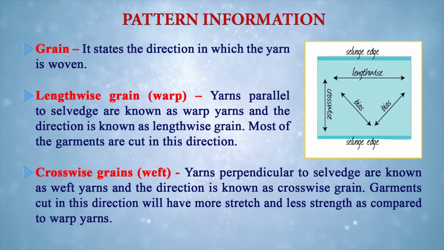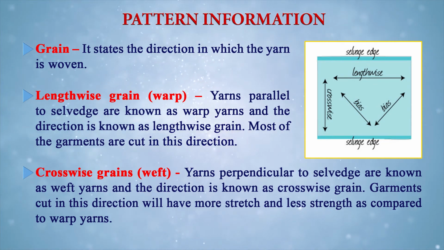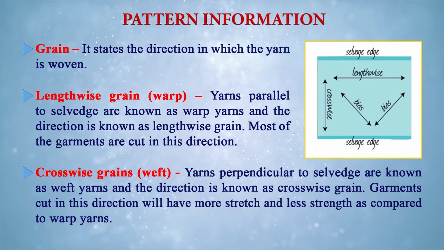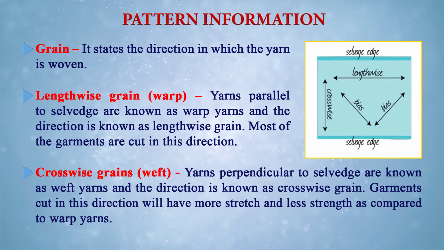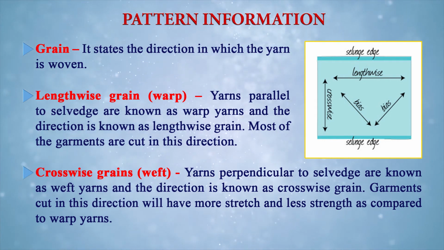Yarns perpendicular to the selvage are known as weft yarns, and the direction is known as the crosswise grain. A garment cut in this direction has more stretch. If you want the garment to be stretchable, you should cut it on the crosswise grain, and it has less strength compared to the warp yarns.